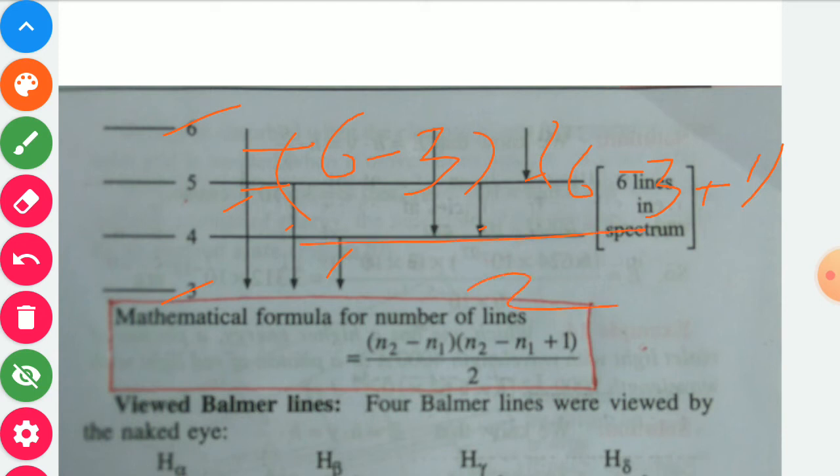Solving, 6 minus 3 is 3, into 4 upon 2, so 3 into 4 upon 2, which is 12 upon 2, equal to 6 lines. So when the electron is de-excited from the 6th energy level to the 3rd energy level, we get a total of 6 lines.